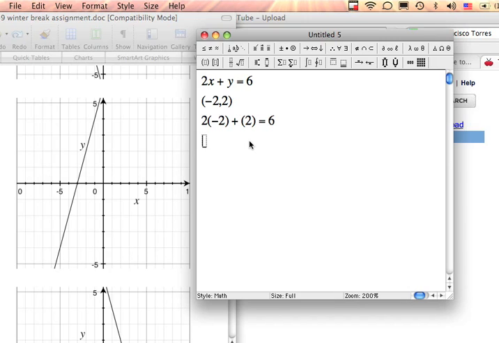Equals 6. Now, 2 times -2 is going to be -4. And, you know what? I don't think that's going to work at all, because -4 plus 2 is -2, and I don't think that's equal to 6. So it looks like D is probably going to be my answer.